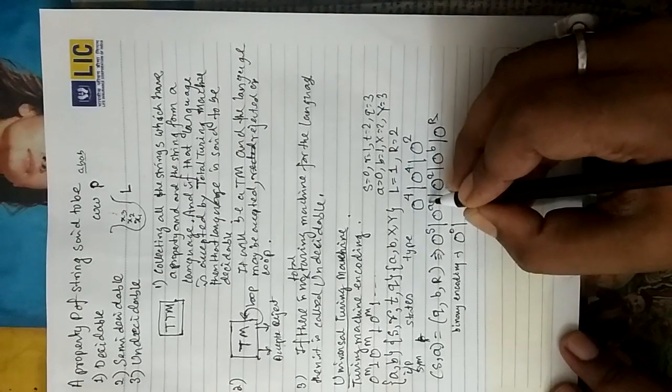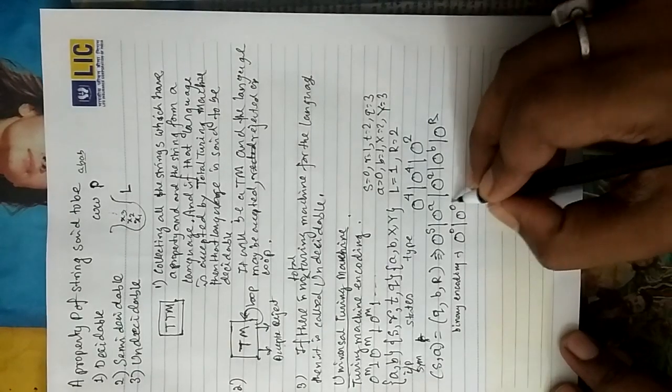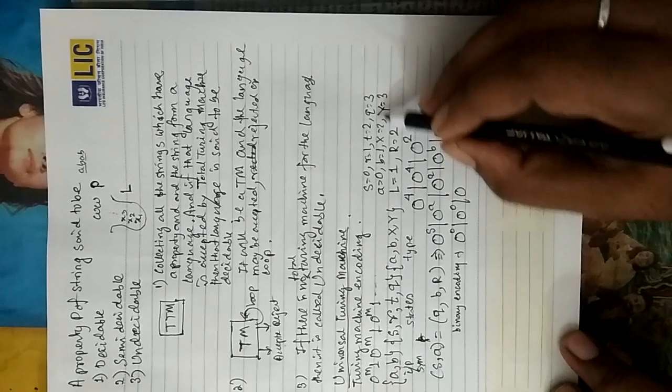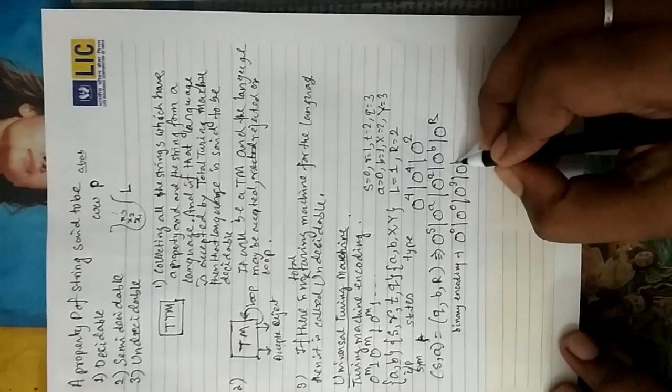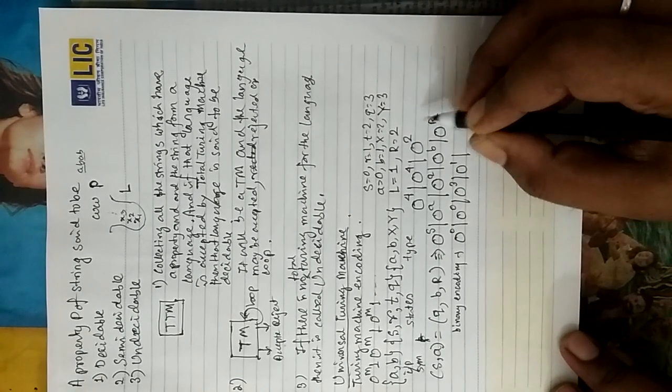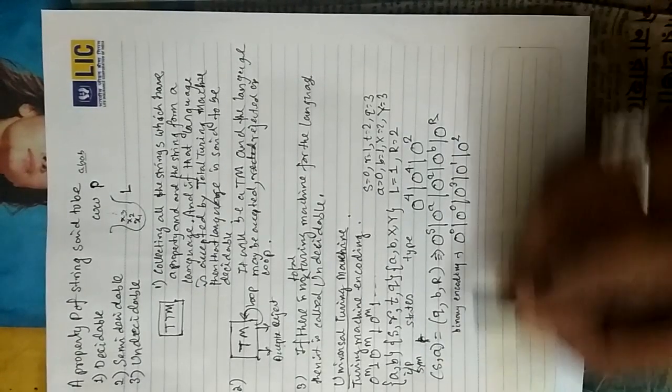A is also 0, so 0 to the power 0. What is Q? It is 3, yes. What is B? B is 1. And what is R? R is 2, so 0 to the power 2. So this is the binary encoding of this particular transition.